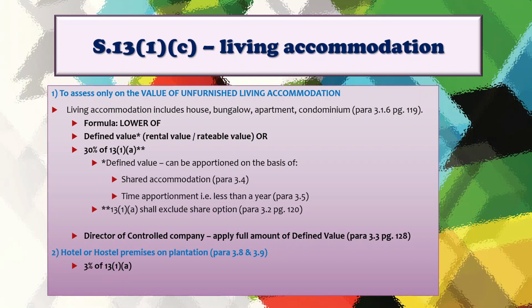You only need to know 3%. You calculate 3% multiplied by 13(1)(a). If you stay less than a year, multiply by the number of months that you stay over 12. That is for hotel, and the same thing applies to hostel.